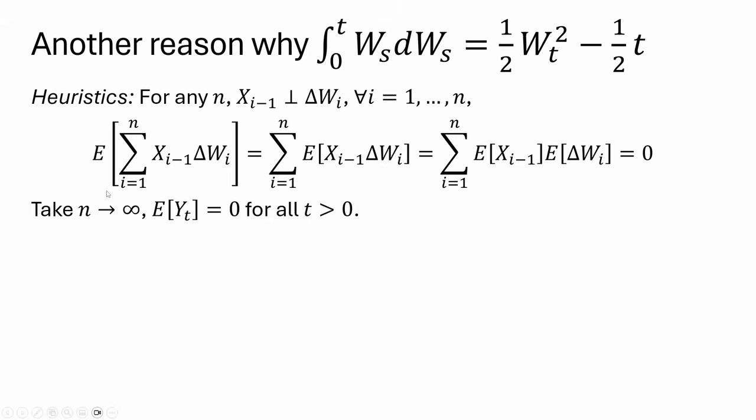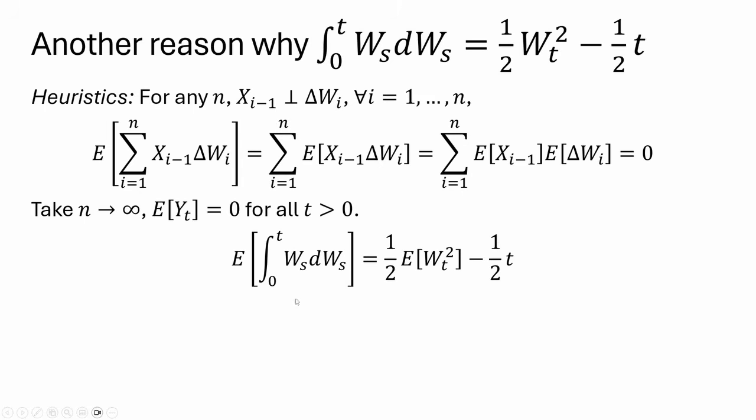So if we take the expectation of the Riemann sum, the expectation of each term factorizes, and because delta W_i has zero mean, the sum is just 0. And take n tends to infinity, E[Y_t] is also 0. And let's check whether this is true for the integral we just calculated.